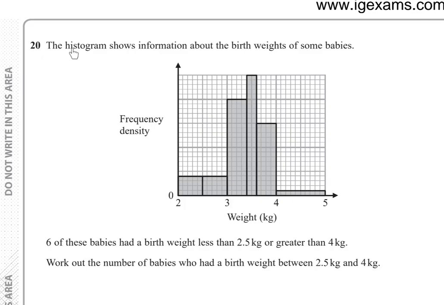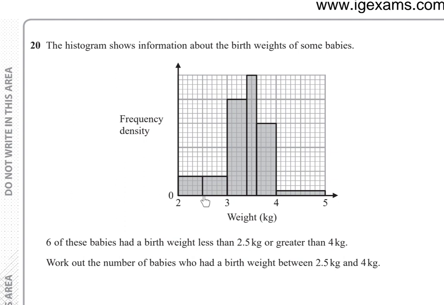Number 20. The histogram shows information about the birth weight of some babies. 6 of these babies had a birth weight less than 2.5 or greater than 4. Work out the number of babies who had a birth weight between 2.5 and 4.